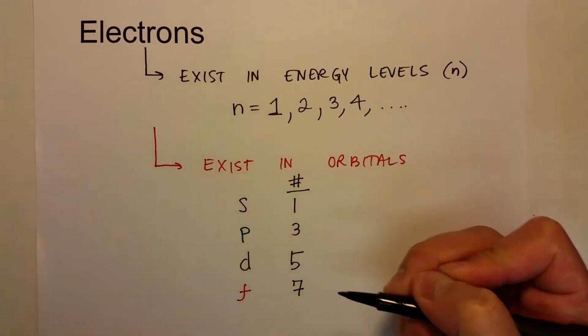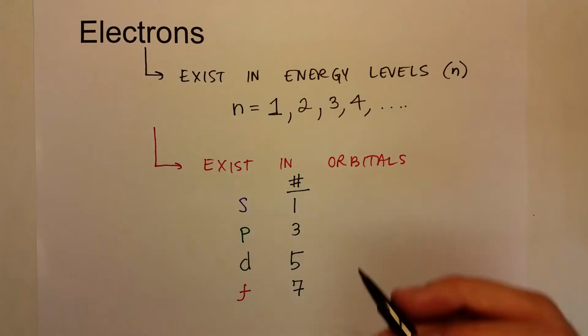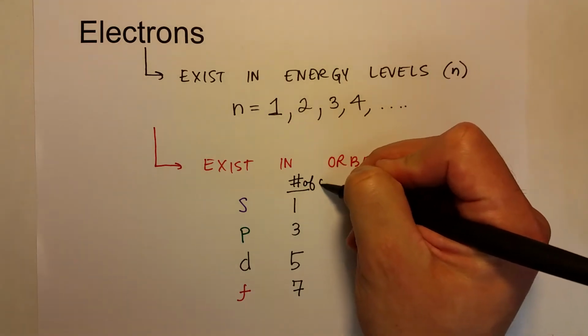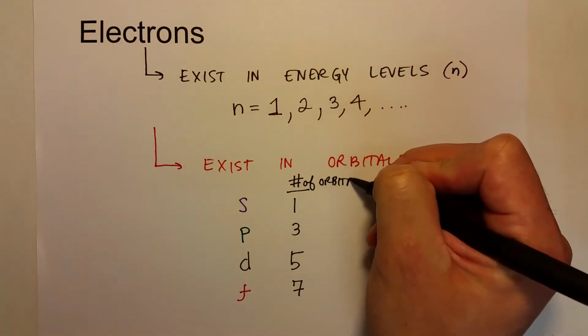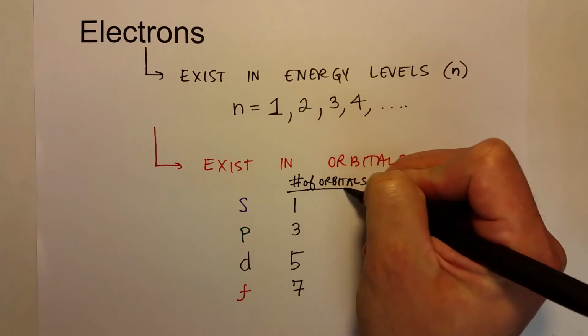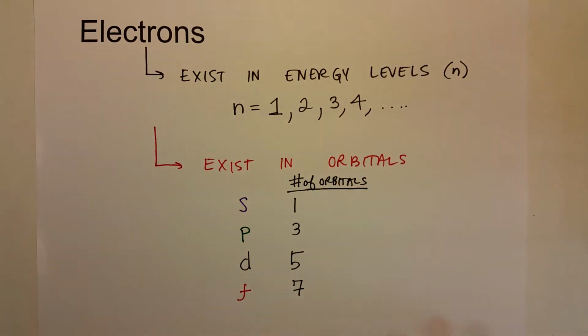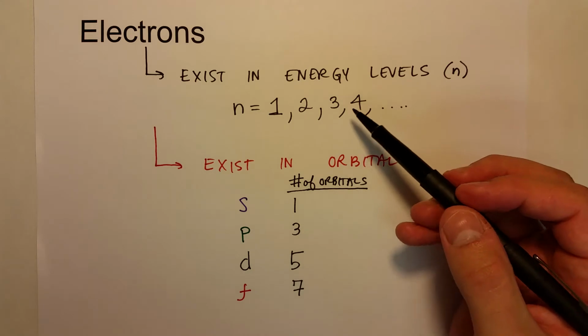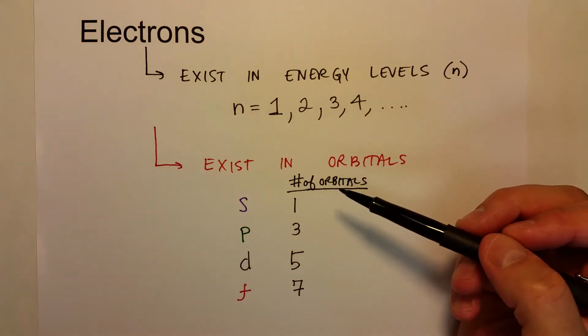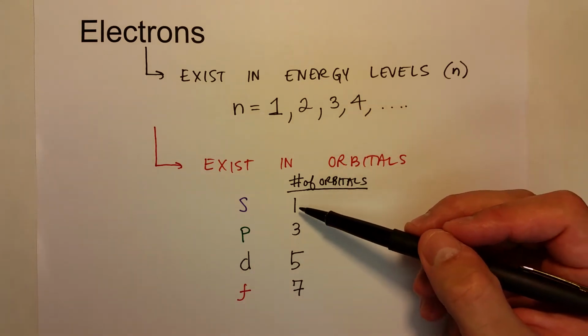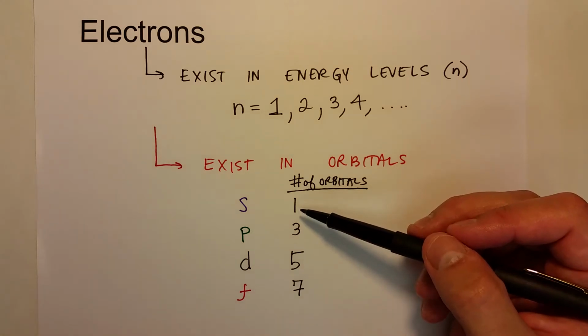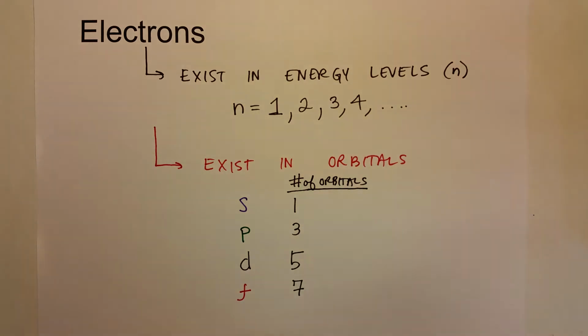Now that's going to be important because when we talk about how many electrons are within an individual energy level, we have to know how many orbitals are within those energy levels, and of course how many electrons can fit in those orbitals.